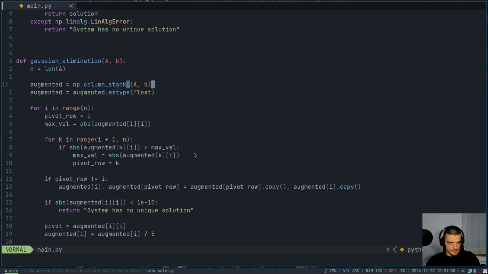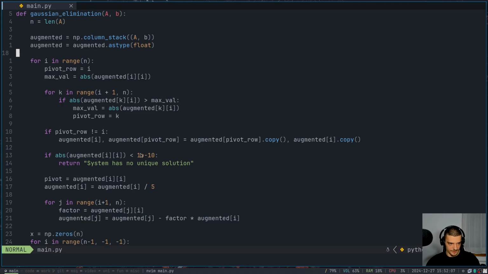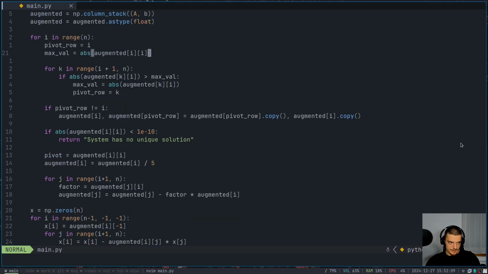So that is correct. That is correct. That is correct. Pivot row i, that should be fine. That is fine. Oh, that's the problem. I hard-coded 5. Why did I hard-code 5? Of course, it's the pivot, whatever the pivot is. There you go. Now it works.